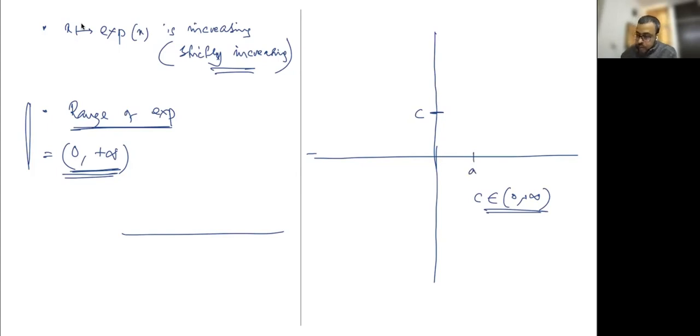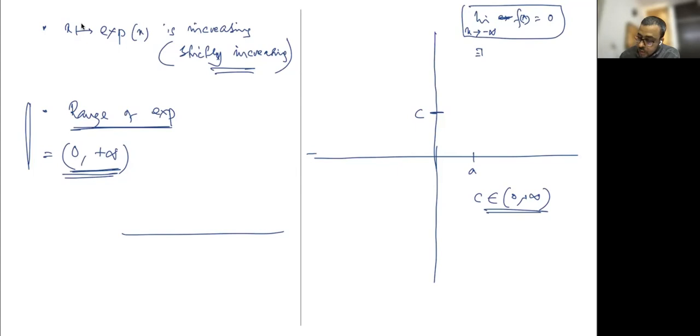Okay, so here is how you can show this. First, instead of exponential x, I'll write f(x) because I have to write less. So f is just exponential, and as x goes to minus infinity, f(x) goes to 0.